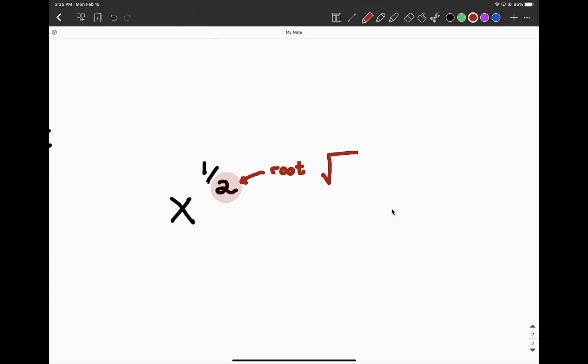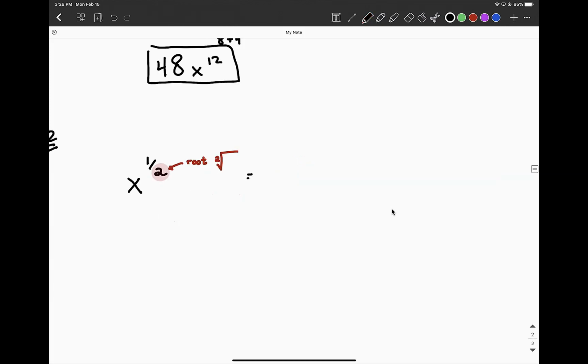The square root, which is the most common root, this index 2 square root, is our most popular root. And so we sometimes would say, well, why write that power like that? It looks funny. Let's just write it as a root over x.